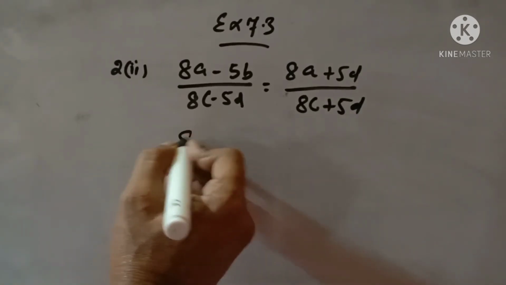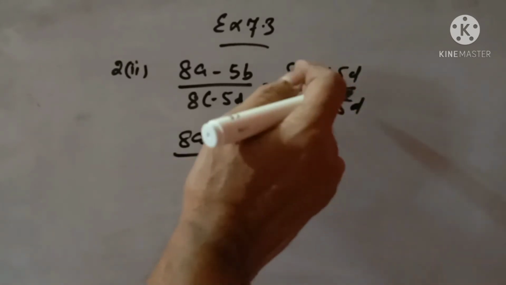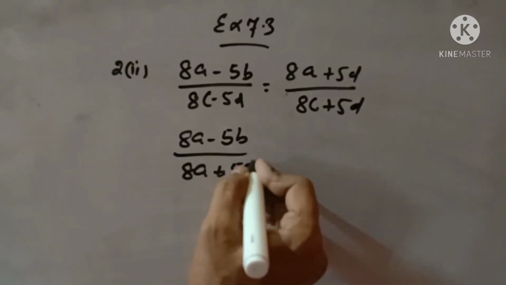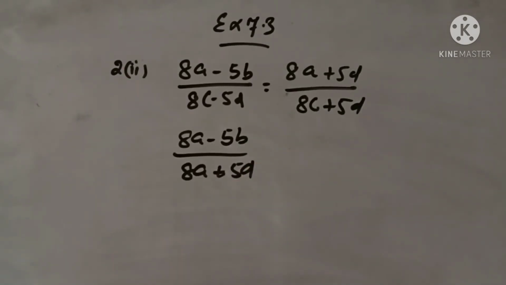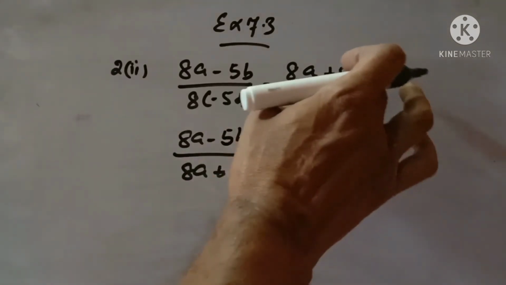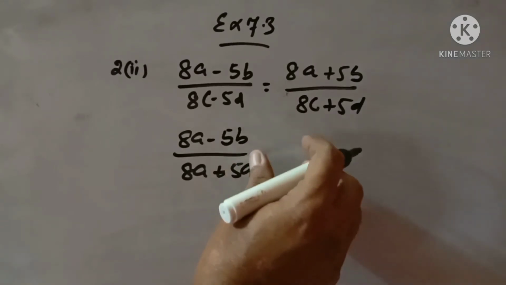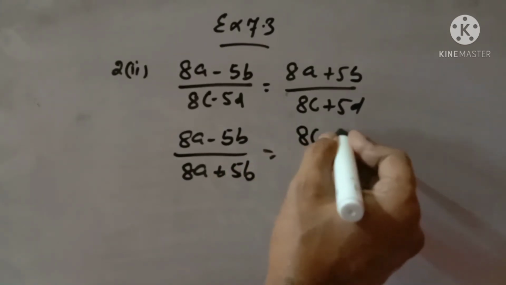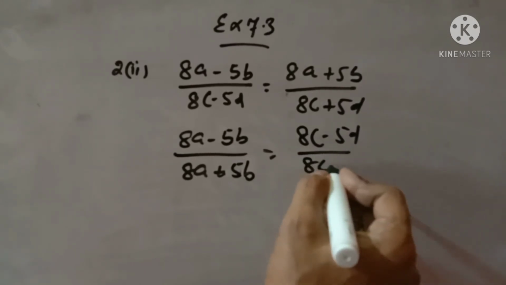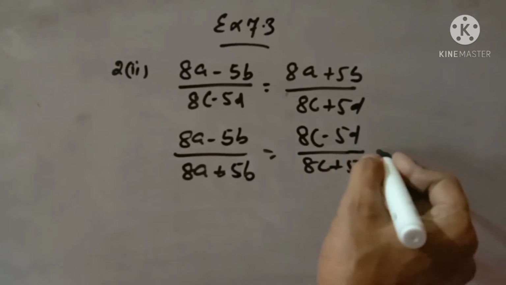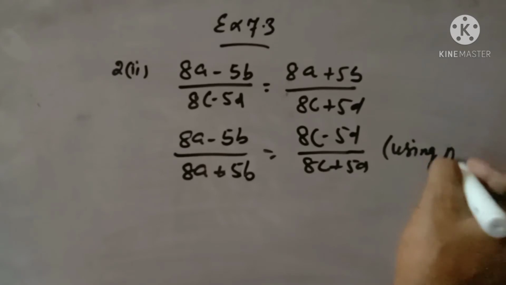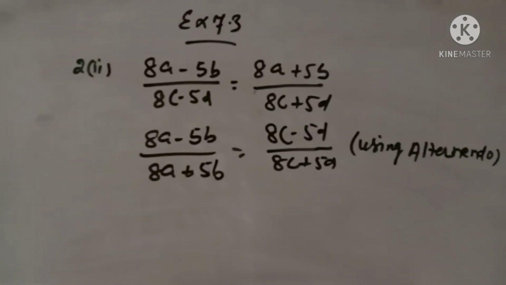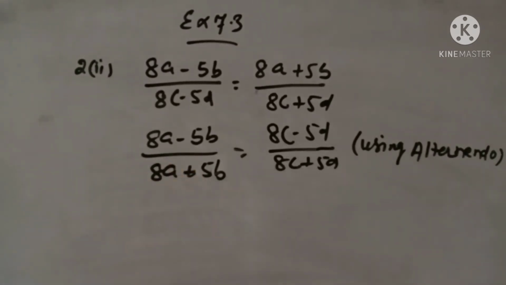So we have to use alternando here. So I can write 8a minus 5b by 8a plus 5b is equal to 8c minus 5d by 8c plus 5d, using alternando. Now here we have to use componendo and dividendo.